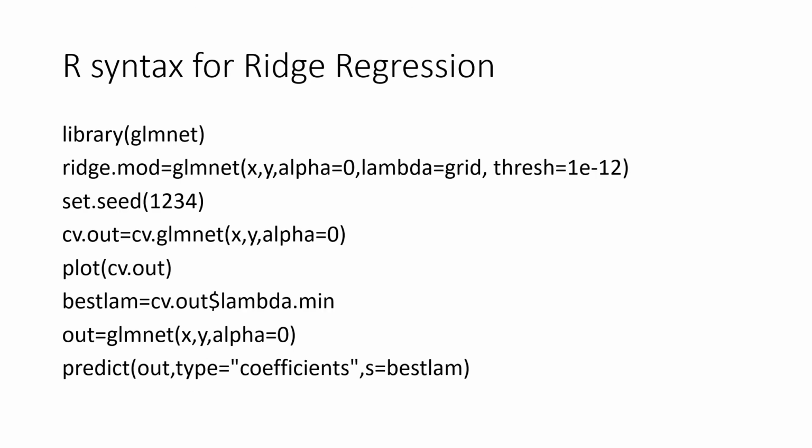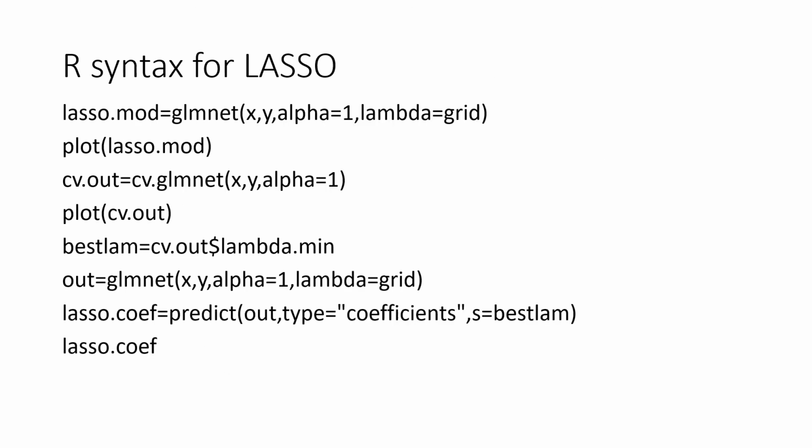And here is the R syntax for the ridge regression on county level data in Louisiana. And this is just the R syntax for LASSO for the same county level data in Louisiana.